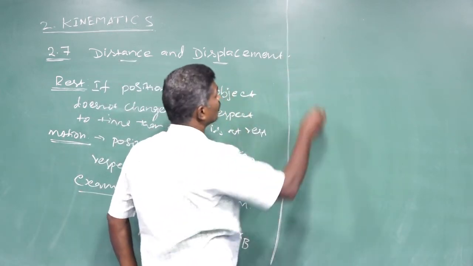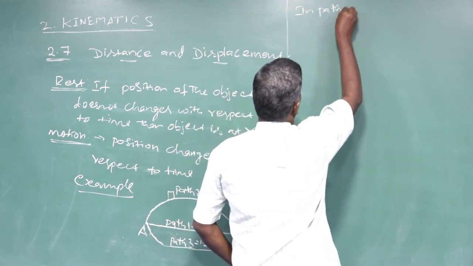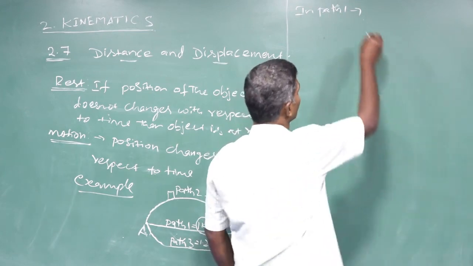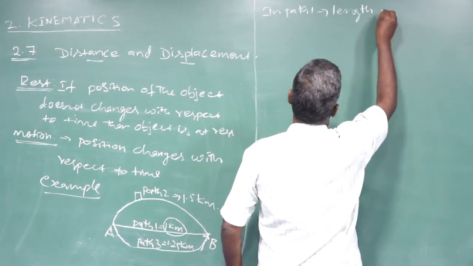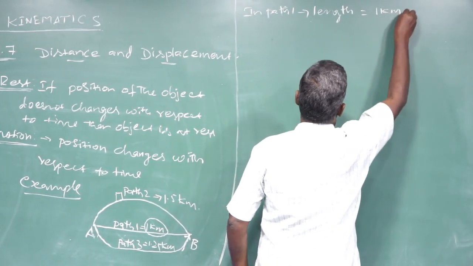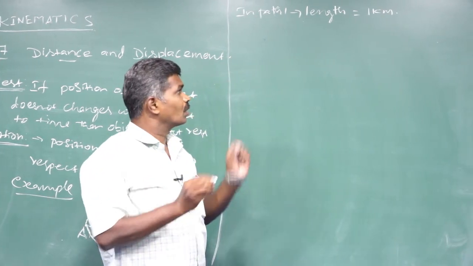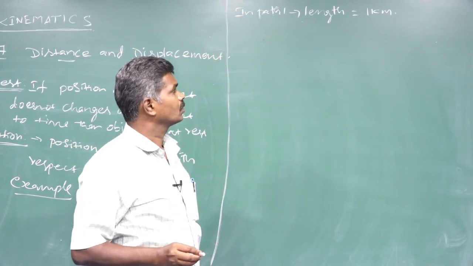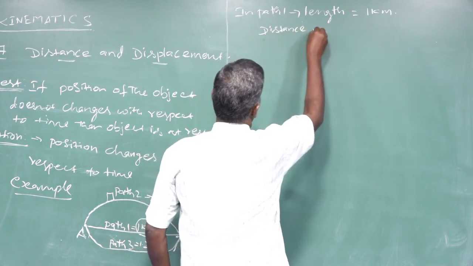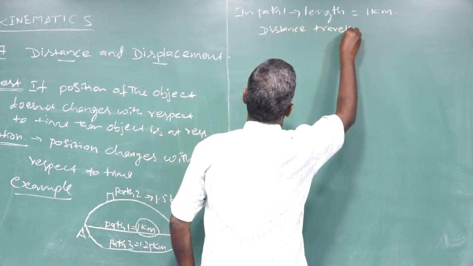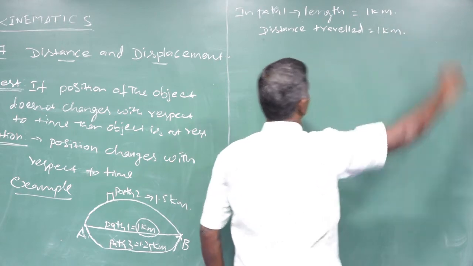So in path 1, the path length is 1 kilometer. At the time of moving from A to B in path 1, the distance traveled is equal to 1 kilometer alone.